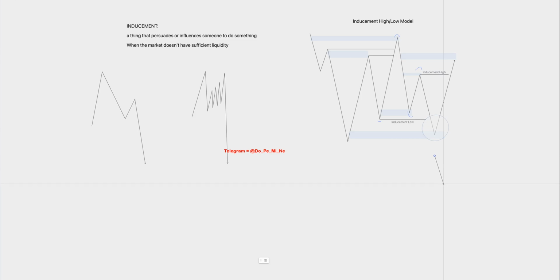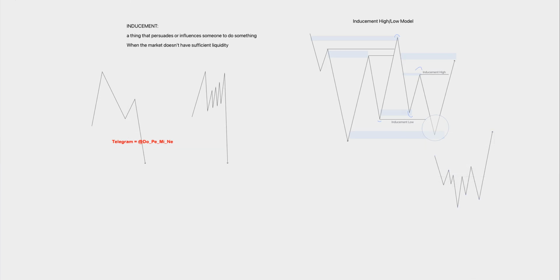So we sell off here. Let's say we get something like this, false reaction. Then we get a trap move to the downside. Maybe something like that. Boom, boom, boom.